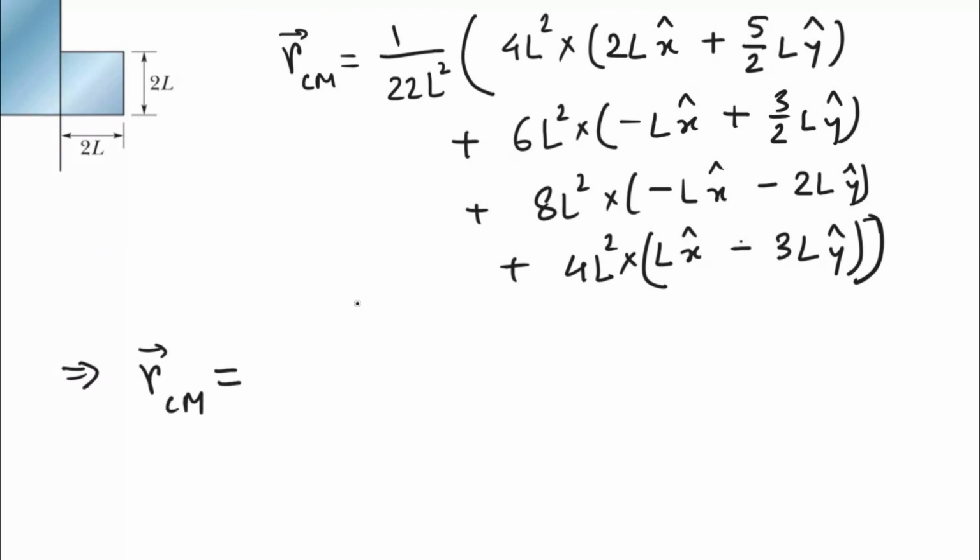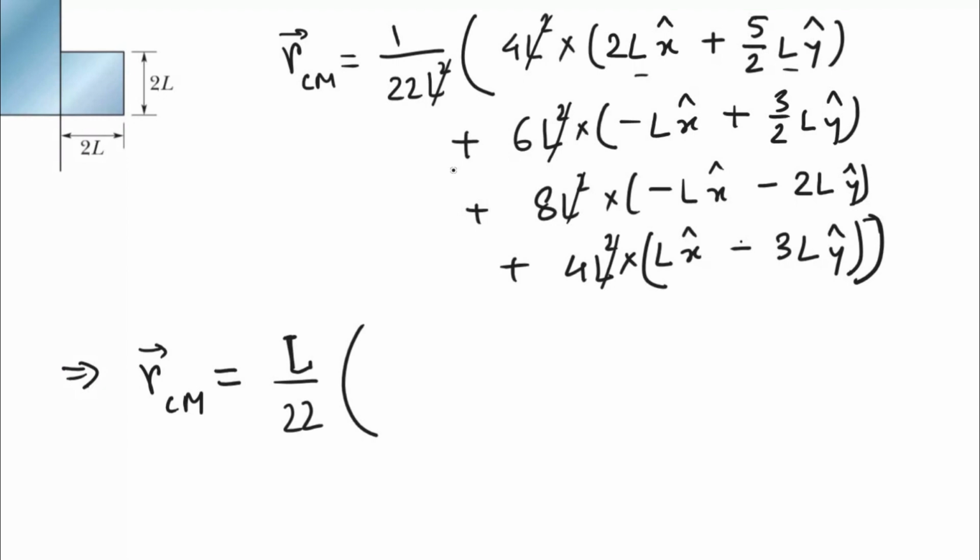So that will give us the center of mass. We have the coefficient of x hat. You readily understand that all the L squareds are going away, so no point of just carrying them. But the single L's will be staying. So we have 1 over 22, and then take the L out, so L over 22.